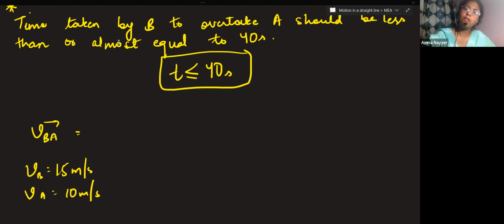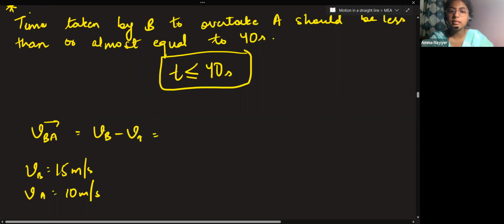Yes, correct. All of you are right. That will be 5 meter per second. Fatima, Aisha, Mahabud, see, VBA means VB minus VA. VB is 15, minus VA is 10, this becomes 5 meter per second.